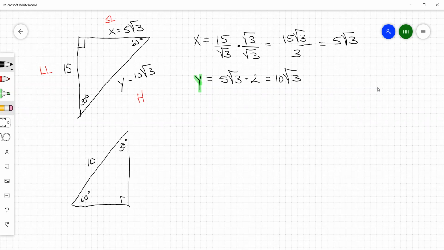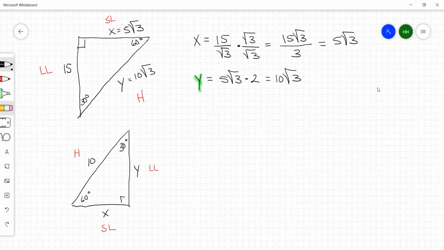Hypotenuse is 10. Short leg is X. Long leg is Y. All right. Here's our H. Here's our long leg. Here's our short leg. We're given the hypotenuse.